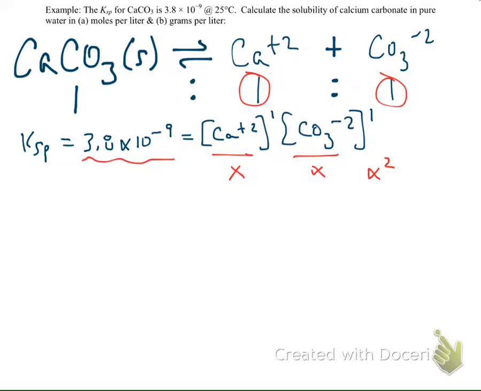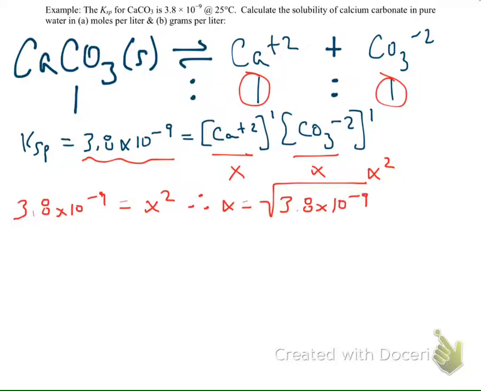So let's set that up. 3.8 times 10 to the negative 9th equals x squared. Therefore, x is the square root of 3.8 times 10 to the negative 9th. You can pause, give yourself a minute to solve for that. The value for x is 6.16 times 10 to the negative 5th molar.